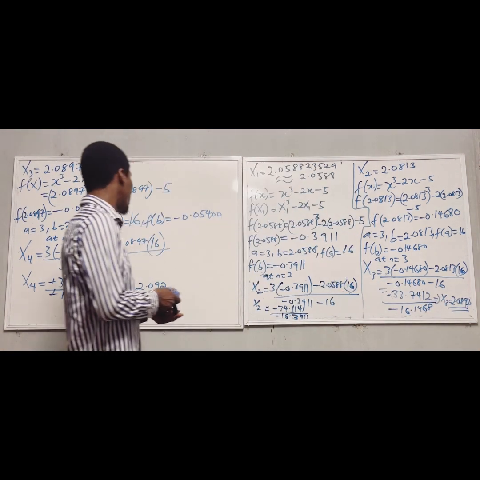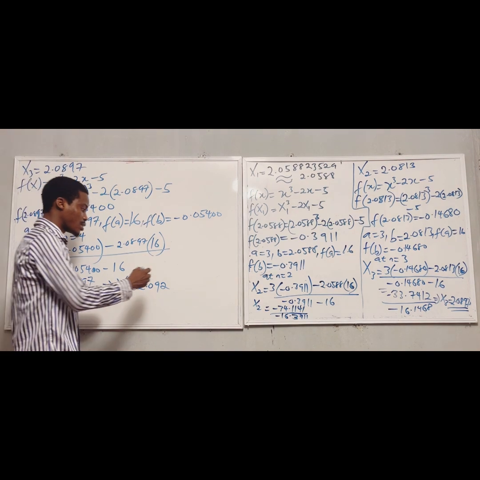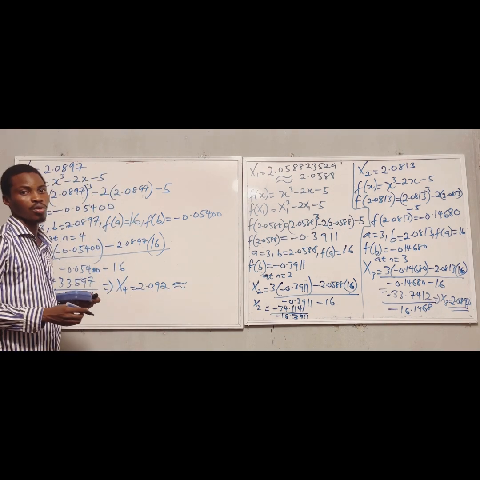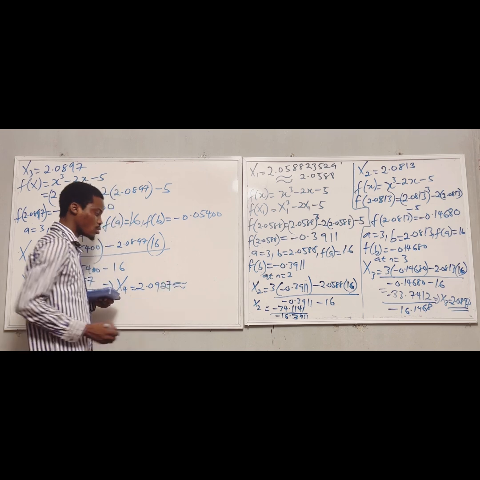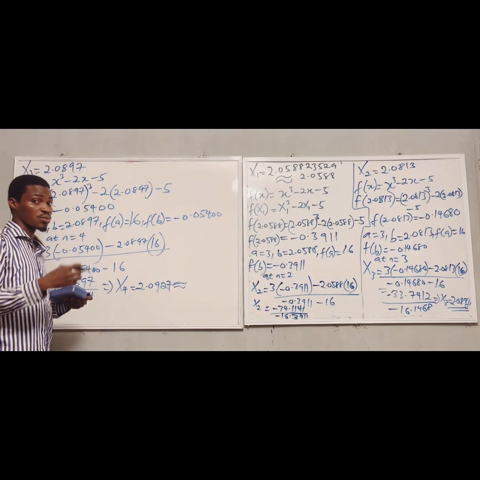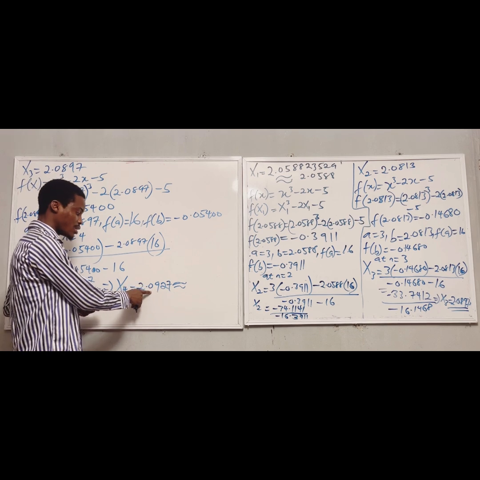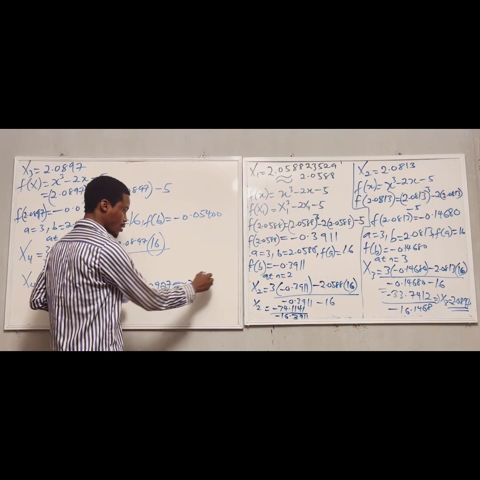Now the question is what we should approximate to. Remember it is 5 significant figures, and the question says we should approximate to 3 decimal places. If I approximate this to 3 decimal places, I'm going to have 2.093.